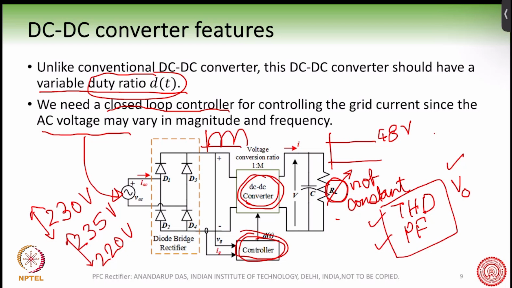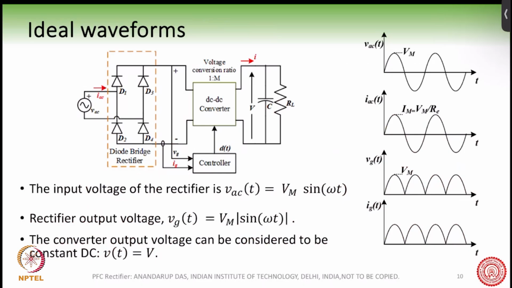Now let us understand a little bit about the boost converter. You may also ask why we chose the boost converter and not a buck converter. One of the reasons for using a boost converter is that it has a continuous input current.